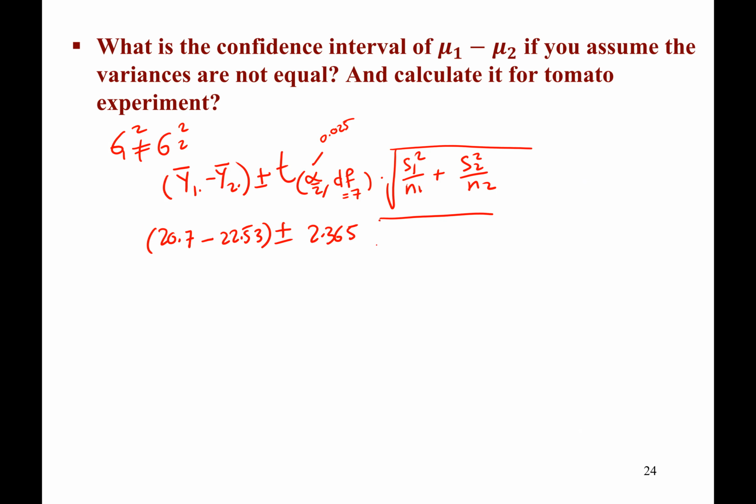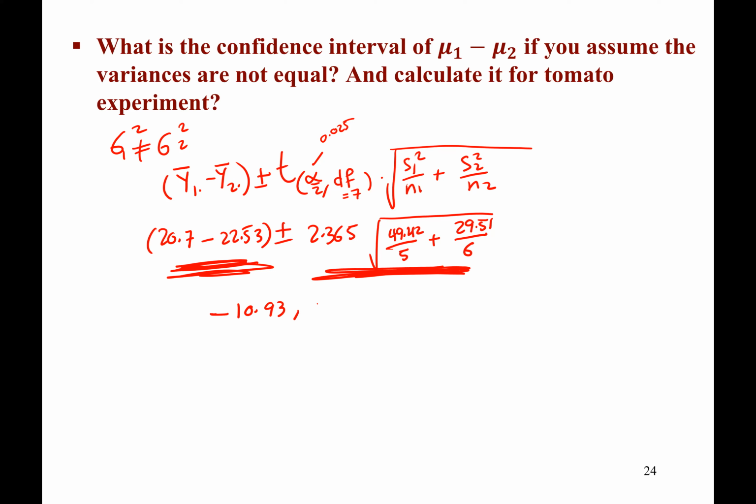Times the square root of S1 squared, which is 49.42, divided by 5, plus 29.51 divided by 6. This one minus this one gives me the lower limit, negative 10.93. This one plus this one gives me the upper limit, 7.26.